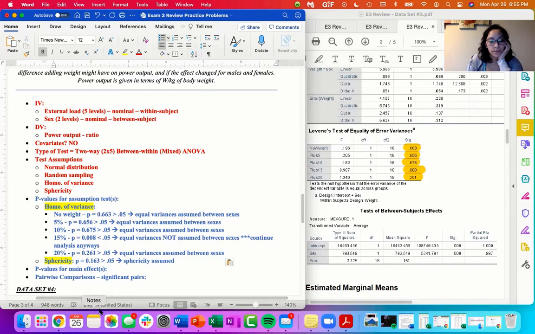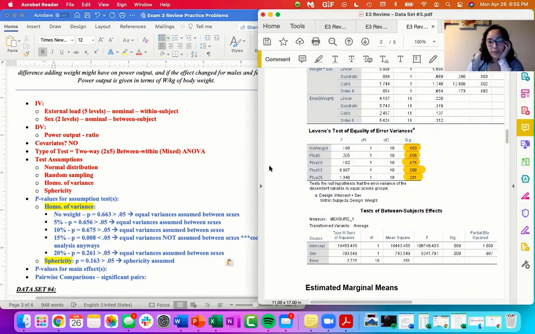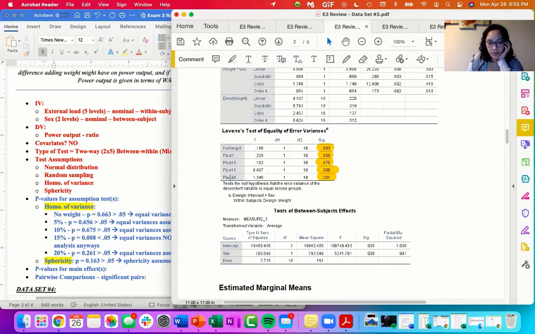But in the appropriate order, we should make sure we meet our assumptions before we accept our main effects. So that's why I did it in that order. But if you have a procedure that works best for you, I say do it.